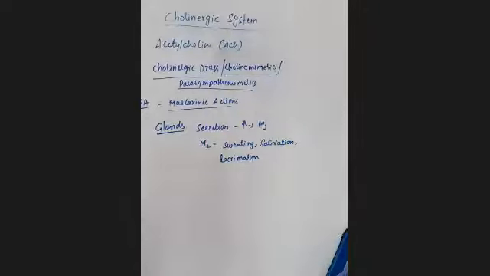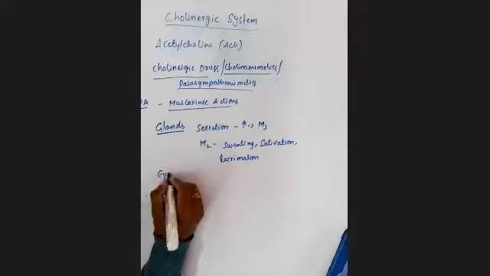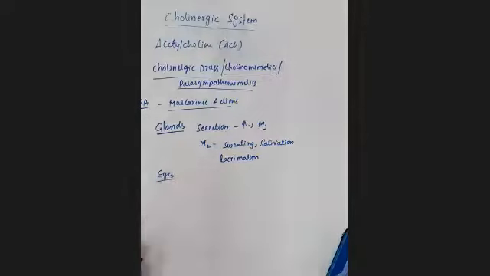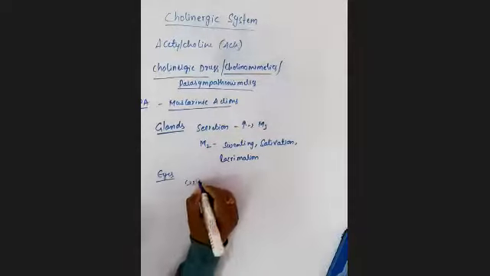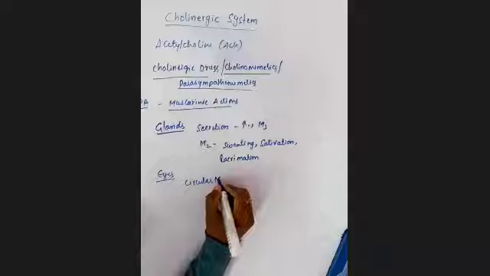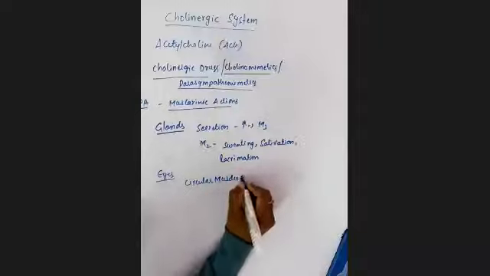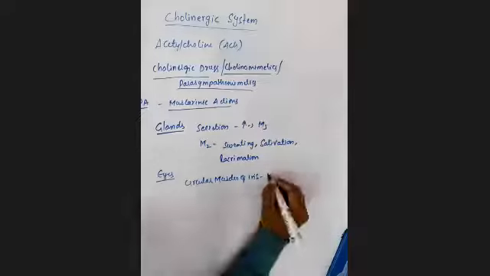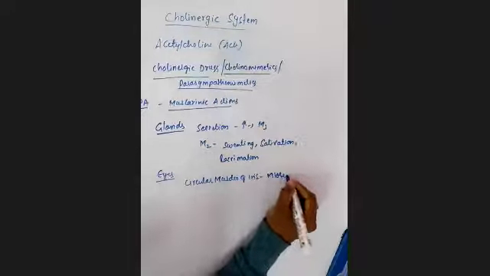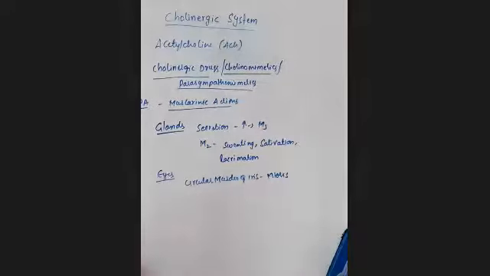Okay, and next one is related to the eyes. If you see, contractions of the circular muscles of the iris cause miosis, which is the constriction of the pupil.